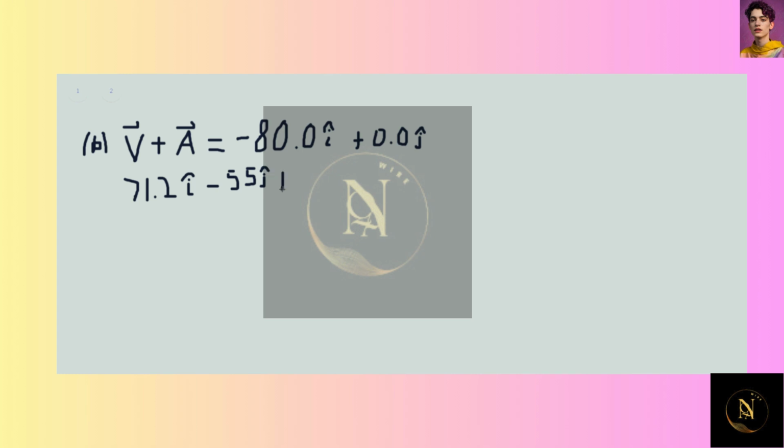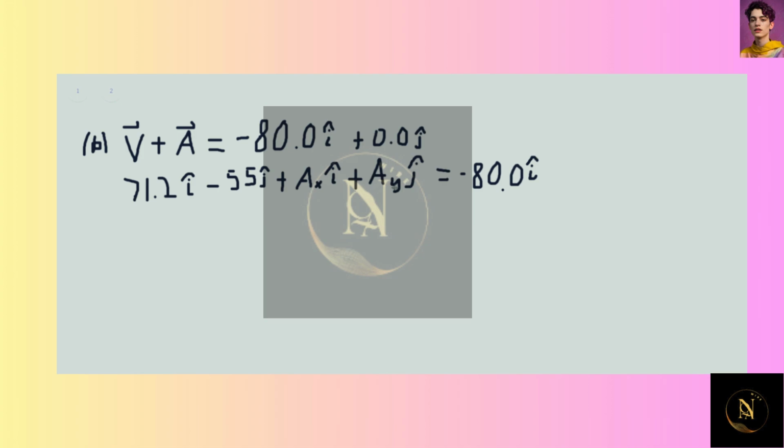And then we want to figure out a sub x that would need to be added to this, which would be in the i hat direction, and a sub y, which would need to be added to this, which would be in the j hat direction, to give us our previous answer of minus 80 in the i hat direction. I'm not going to write the 0 because we know that it's there.